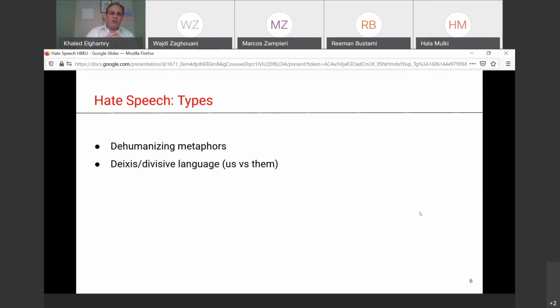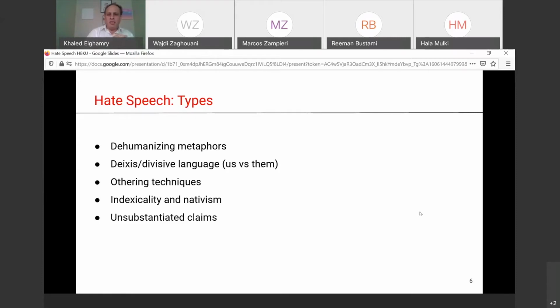The second type is using divisive language, which is basically us versus them. So the target is usually them. And this is related to othering techniques, treating the target of hate as the other. Or the idea of nativism, the idea that we belong here and you don't belong, especially in countries that have a lot of immigrants going to them.